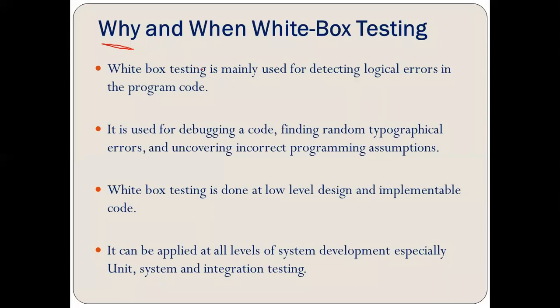So at the very first stage, that is unit testing, white box testing plays a major role because you are going to test the unit. That means you are going to test the module, and what you are going to test in the module is the code, whether your code is working properly or not, right? So that is white box testing.